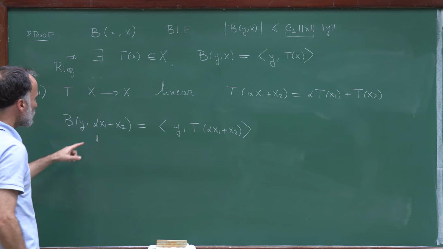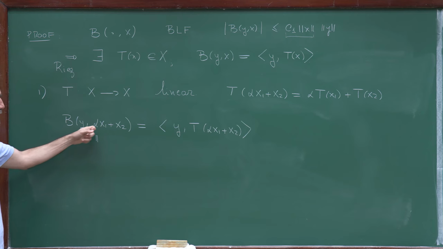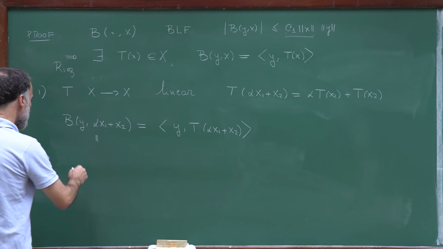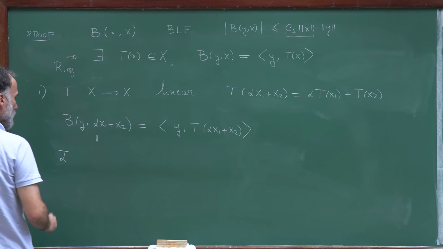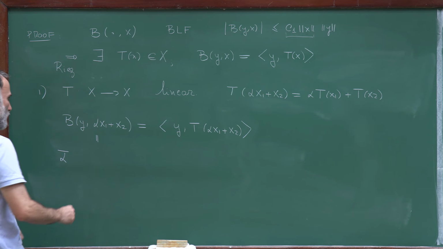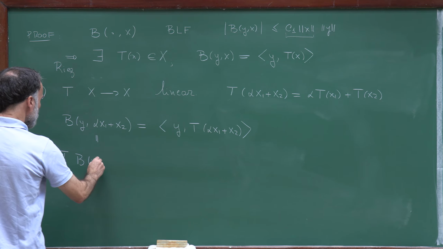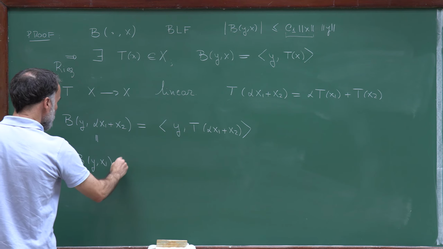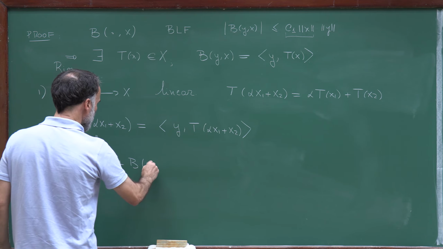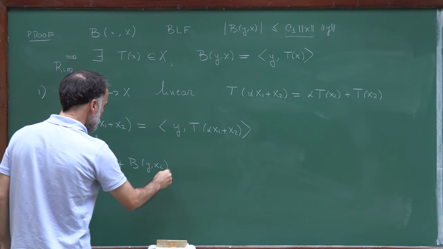On the other hand, using the fact that B is sesquilinear in the second coordinate, this is equal to the complex conjugate of alpha times B of y x1 plus B of y x2.